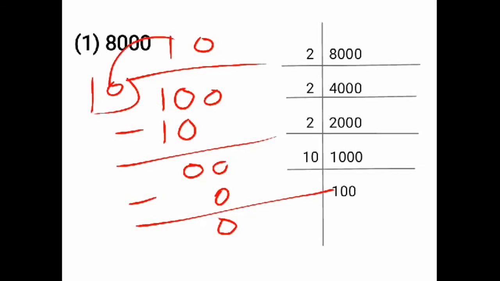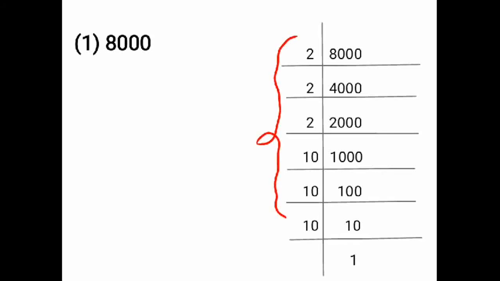That is 10 into 10. Now number 10 is remaining. You have to divide the same number by 10. That is 10 ones are 10. Now you have to write this in multiplication form.